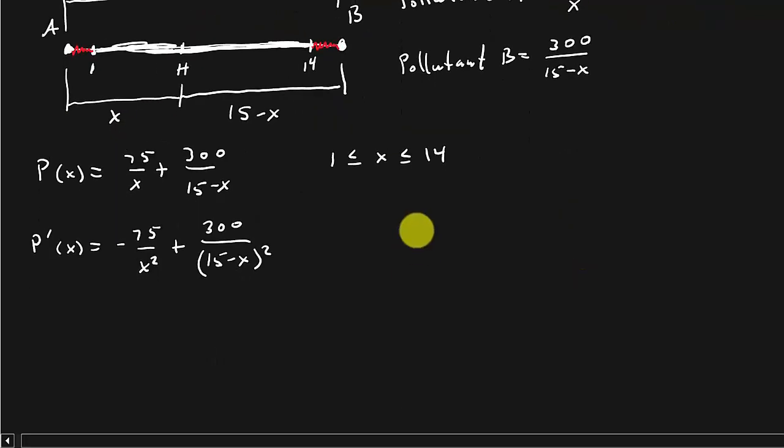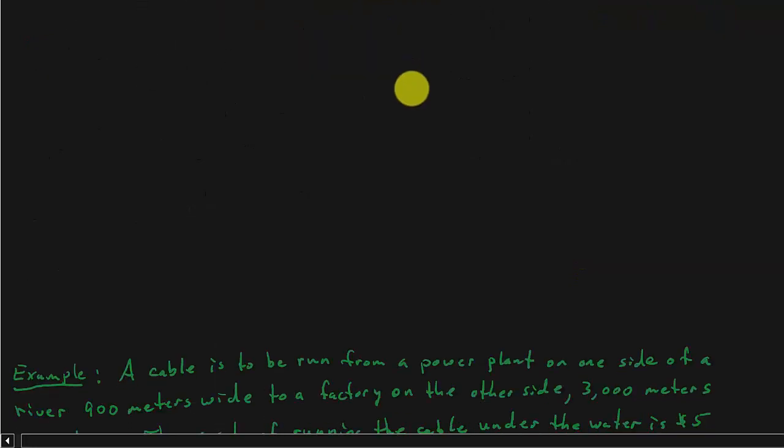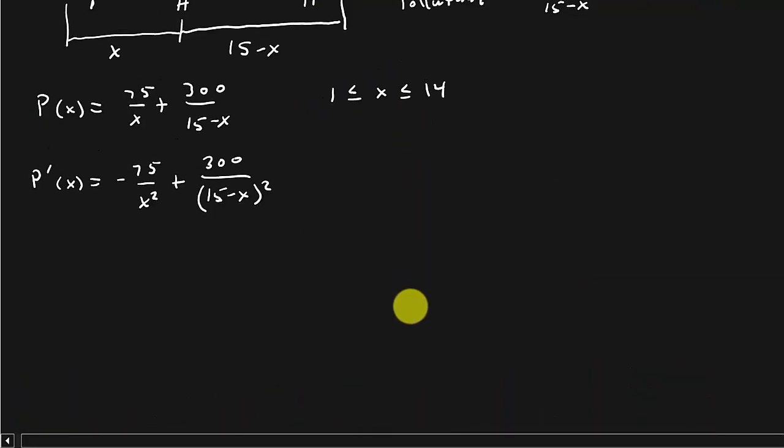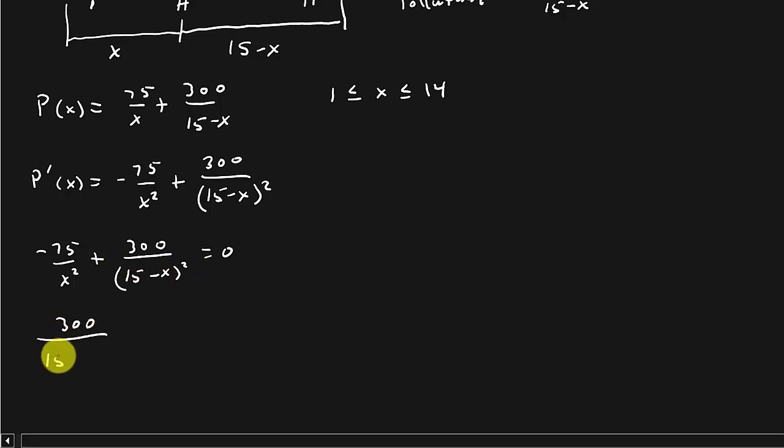All right, so now if we take this and set it equal to 0, so if I do negative 75 over x squared plus 300 over (15 minus x) squared equals 0, so I get 300 over (15 minus x) squared equals 75 over x squared.